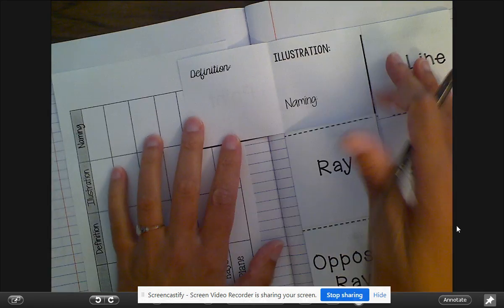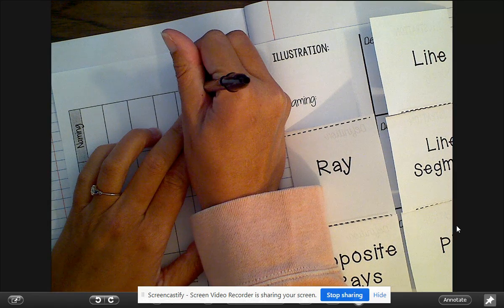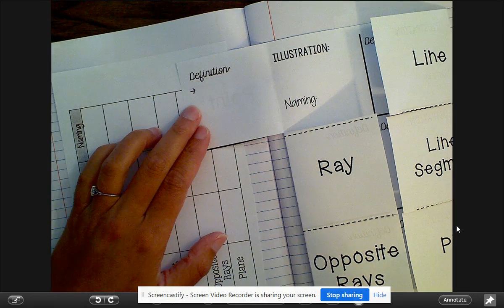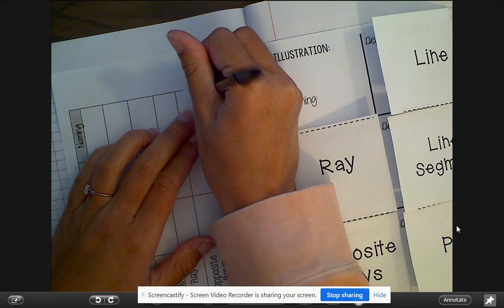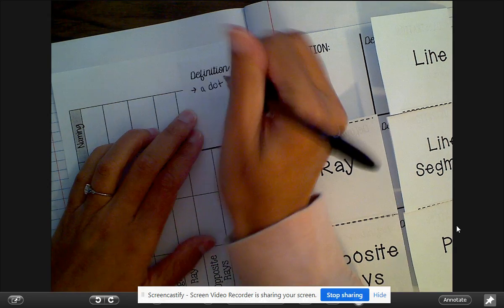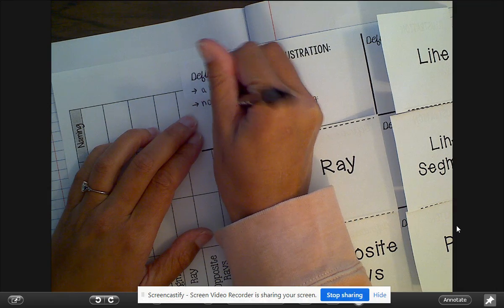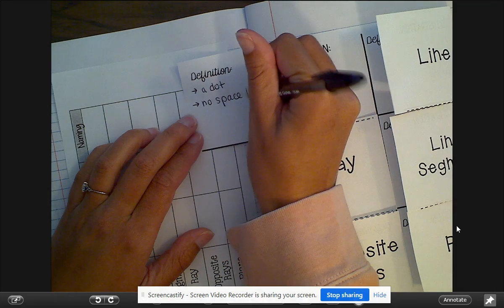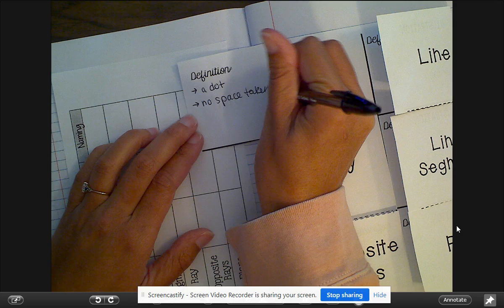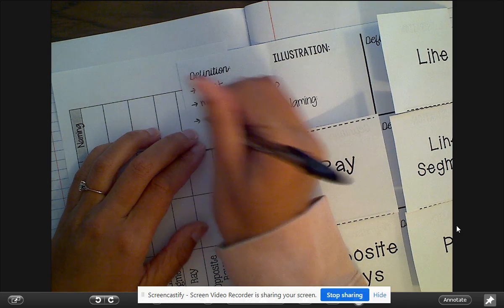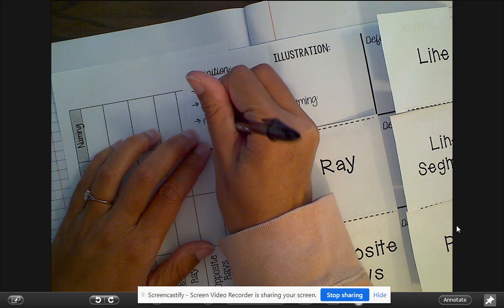So what a point is, again, hard to define. It's a dot. It doesn't take up any space. So no space taken up. All it does is it simply marks a location.